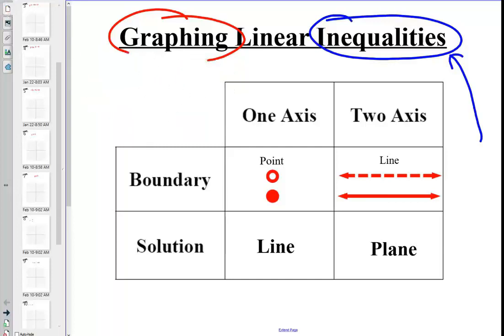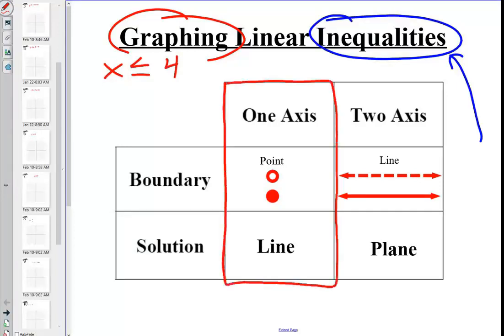Towards the beginning of the semester, you learned how to solve an inequality, and let's say we already finished solving and we get x is less than or equal to 4. Well, how many variables do you see there? One. So when it comes to graphing, one variable can be graphed on one axis. So that's what you should know. You should know those concepts already.